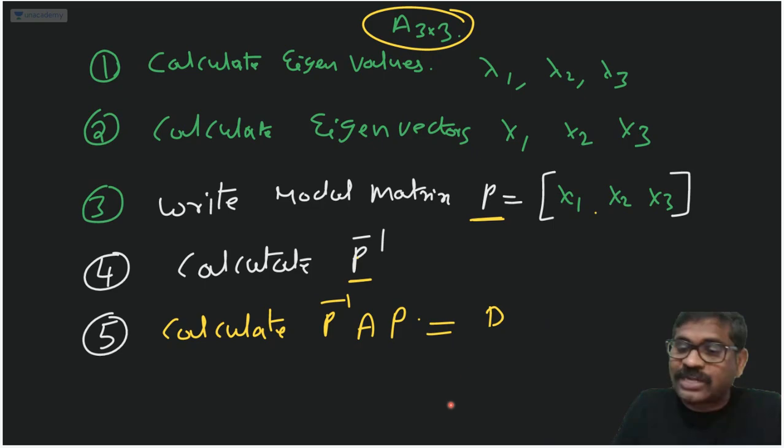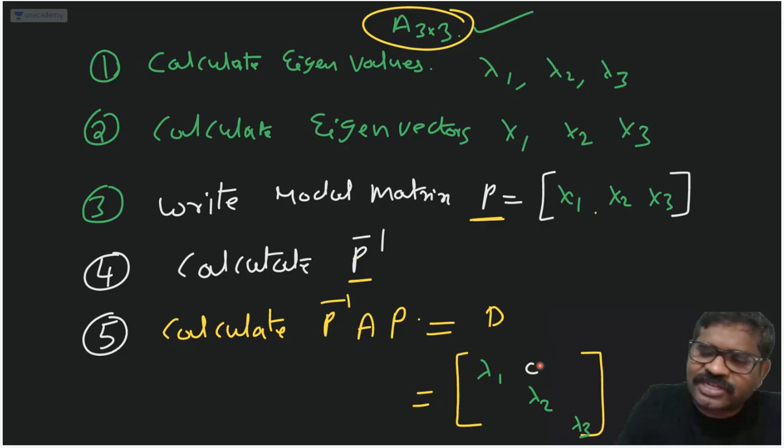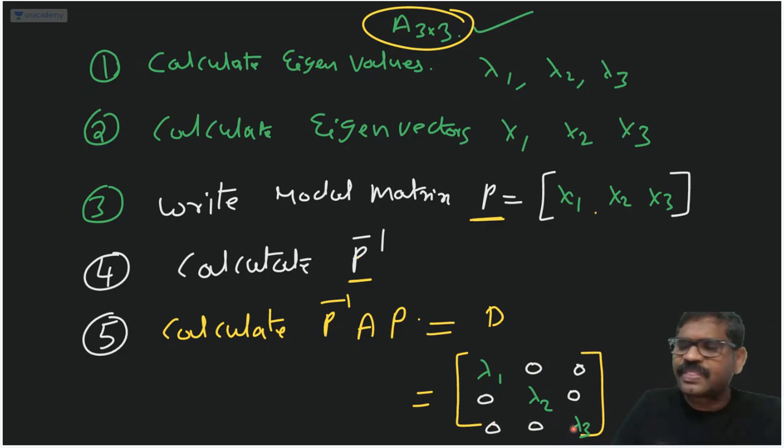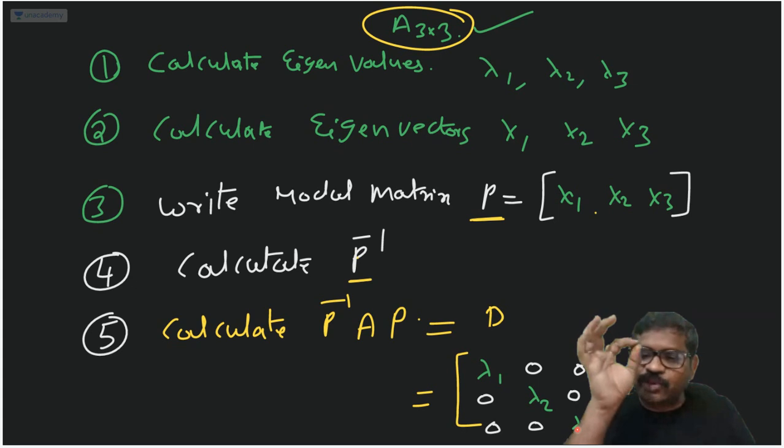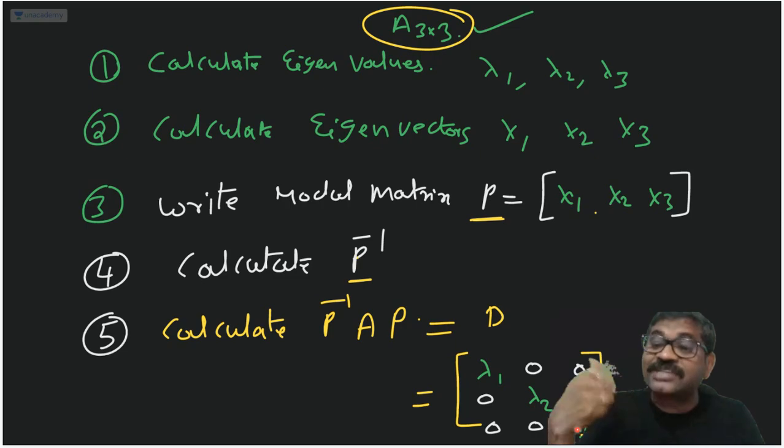Sir, what is this diagonal matrix? You will get one diagonal matrix with the eigenvalues of A, lambda 1, lambda 2, lambda 3, in the principal diagonal. Remaining entries are 0. Eigenvalues of A and eigenvalues of this diagonal matrix D are the same.